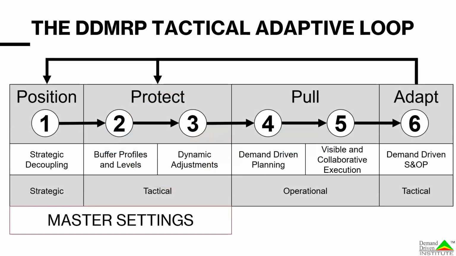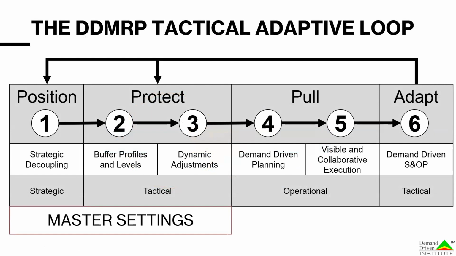There we go. Now, for a long period of time, we always put DDMRP with just these 5 aspects. Right? That is only a partial picture, and it's not a sustainable picture. So what we have to have is position, protect, pull, and adapt. We've got our master settings here.